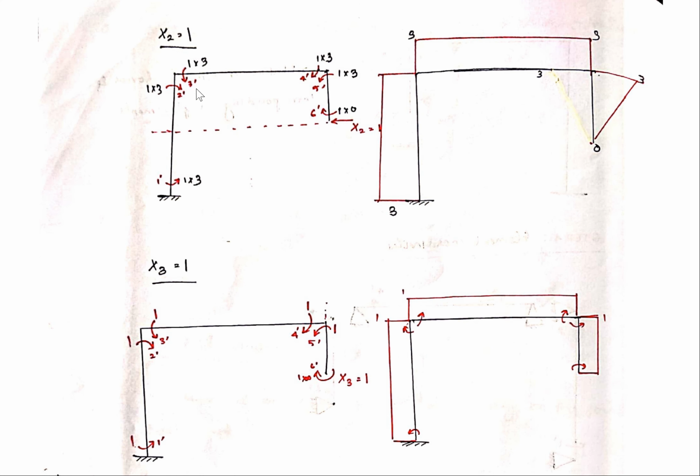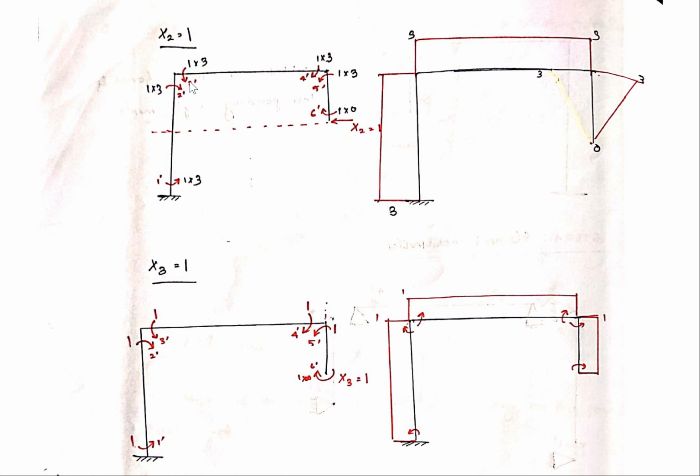Now apply x2 equal to 1 to get the second column of the Bx matrix. When x2 equal to 1 is applied, the 6th coordinate will be 0, the 5th coordinate will be 1 into 3 in the anti-clockwise direction. The 4th coordinate is also 1 into 3 in the clockwise direction.